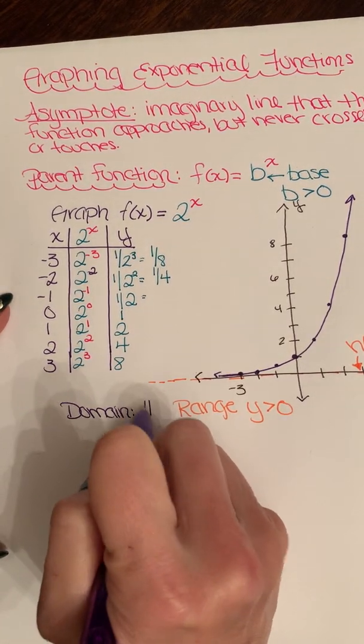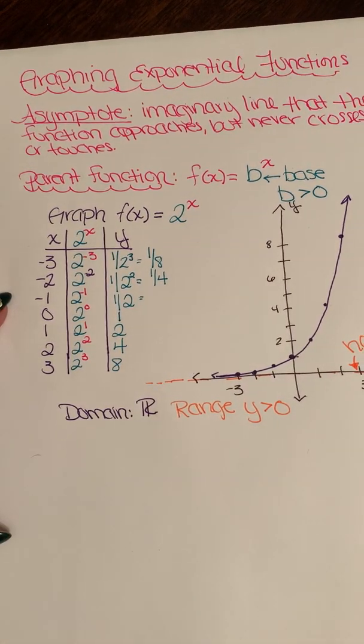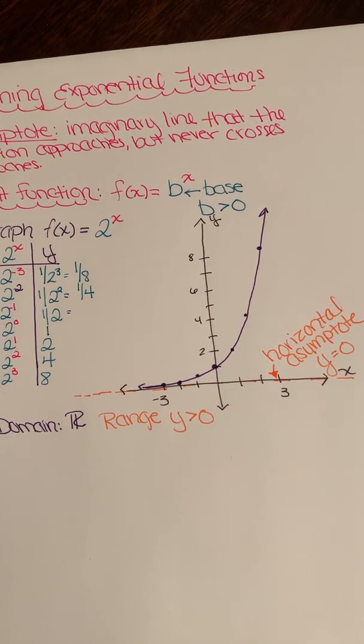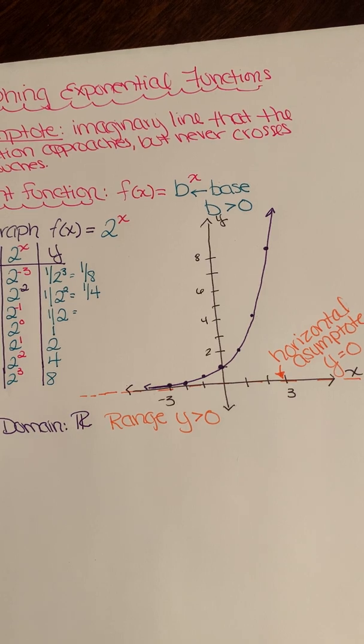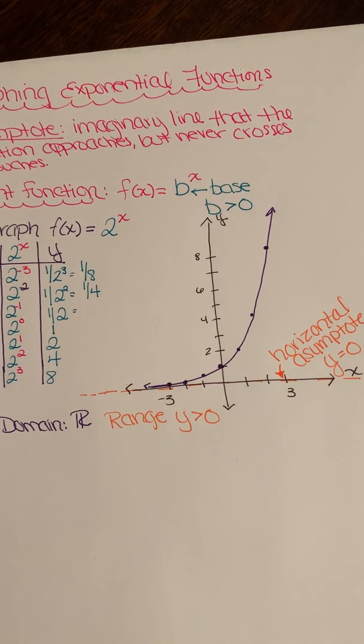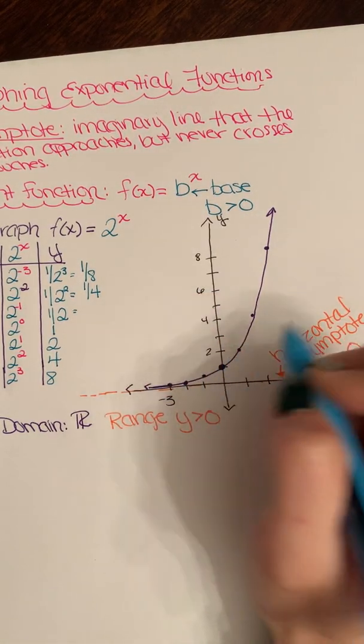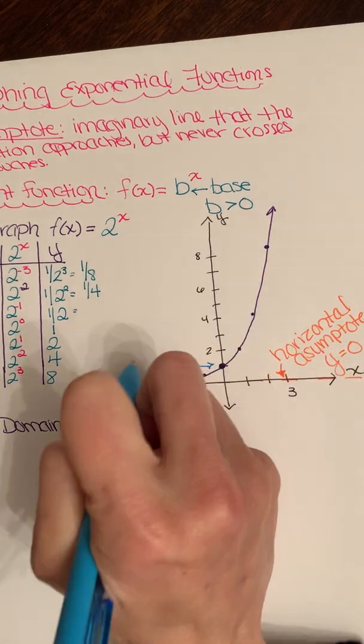So our domain is all real numbers. Okay, so we notice that we have a horizontal asymptote at y equals 0. One other thing that we can notice is that we have a y-intercept at 1.